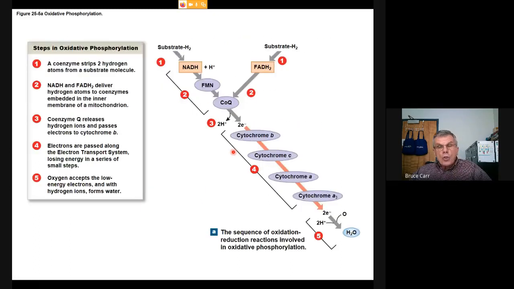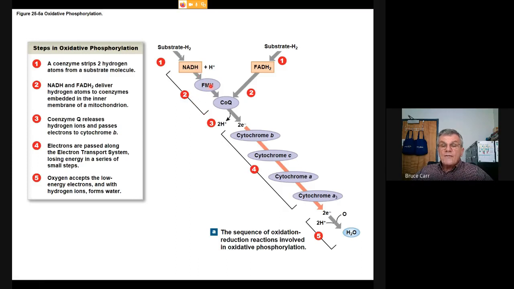So the concept for understanding energy transfer in the electron transport chain is sort of like a stairway with the donors being NADH and FADH2 coming along on the second floor and contributing their high energy electrons to the first or the second electron acceptors. Now here's a difference.